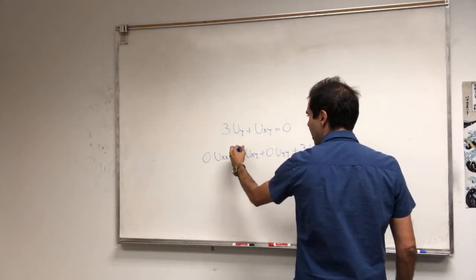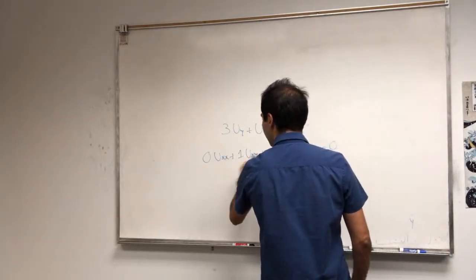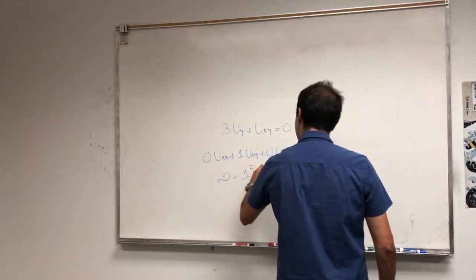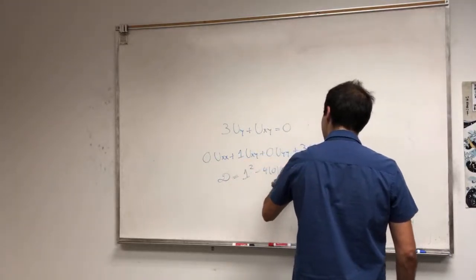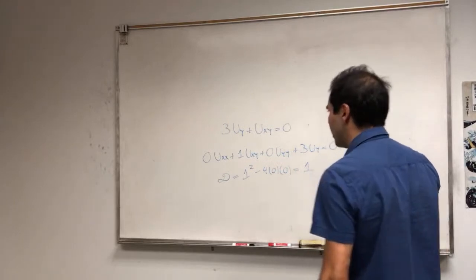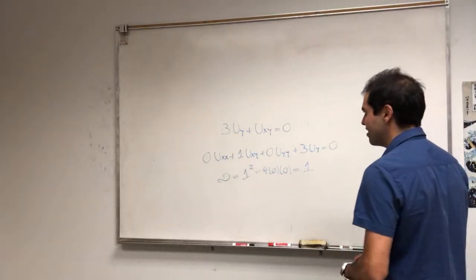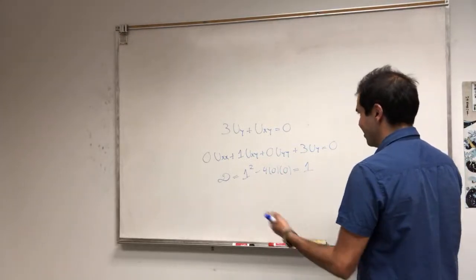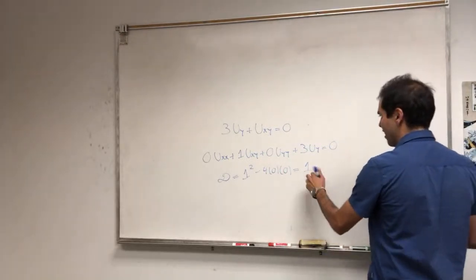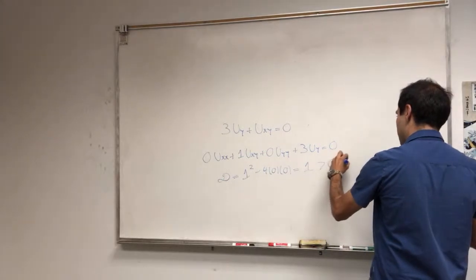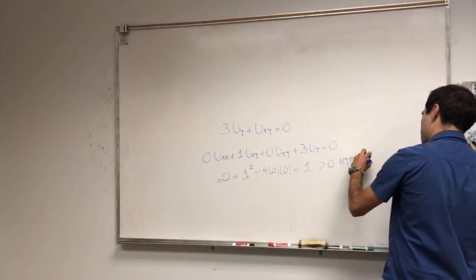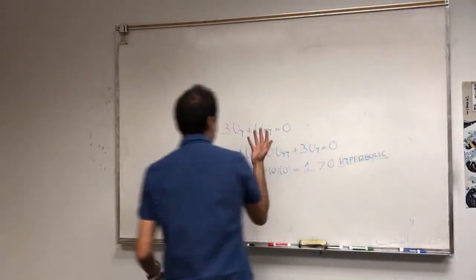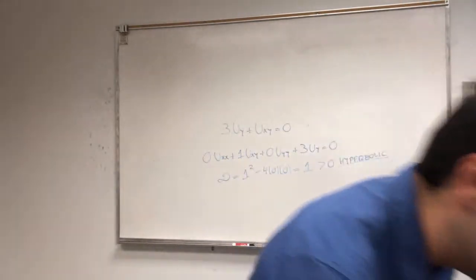And then this is A, B, and C. Well, let's calculate the discriminant. That's 1 squared minus 4 times 0 times 0, which is 1, a positive discriminant. So I'm guessing it's like the wave equation. So that becomes hyperbolic. That's true. And so that's a hyperbolic equation.